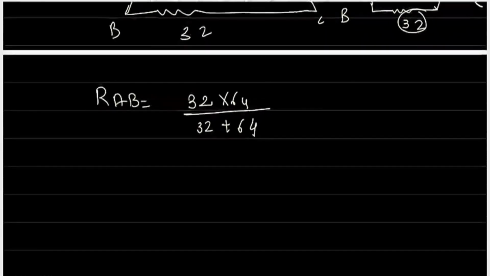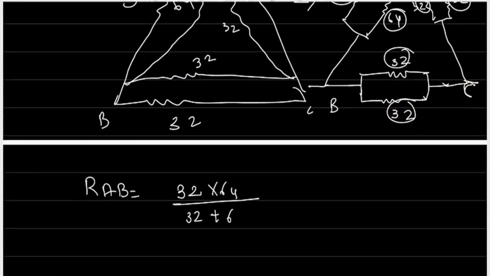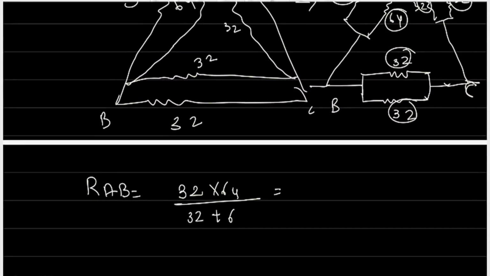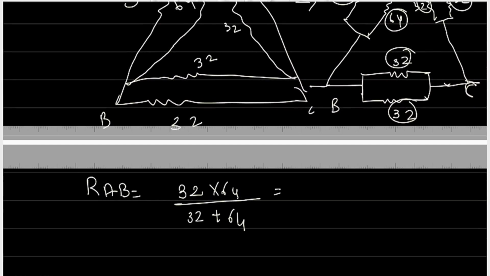Okay. Now 32 plus 64 is 96, 32 into 64 is 2048.